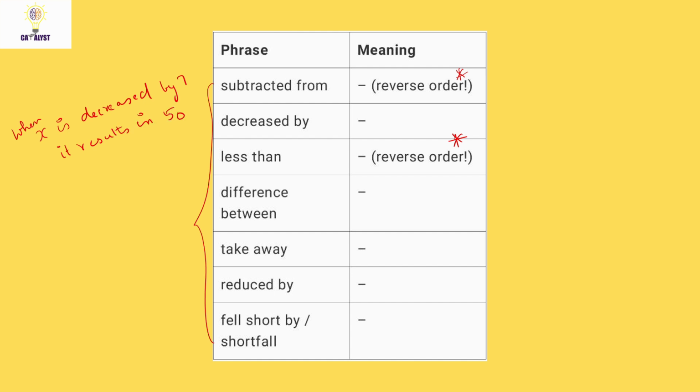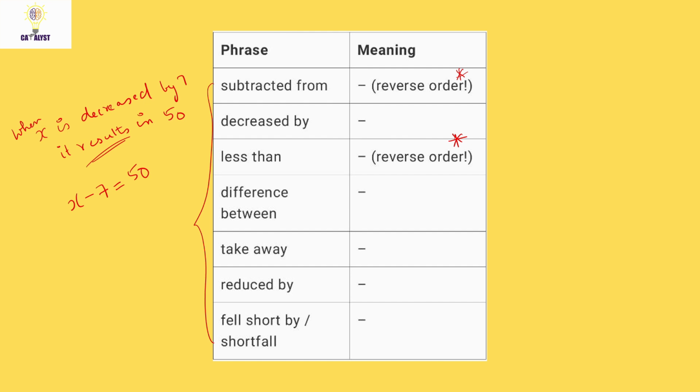How will you solve this? Decreased by means you have to subtract. And results in, as we saw two slides back, means we have to write equal to 50. So this is the equation.